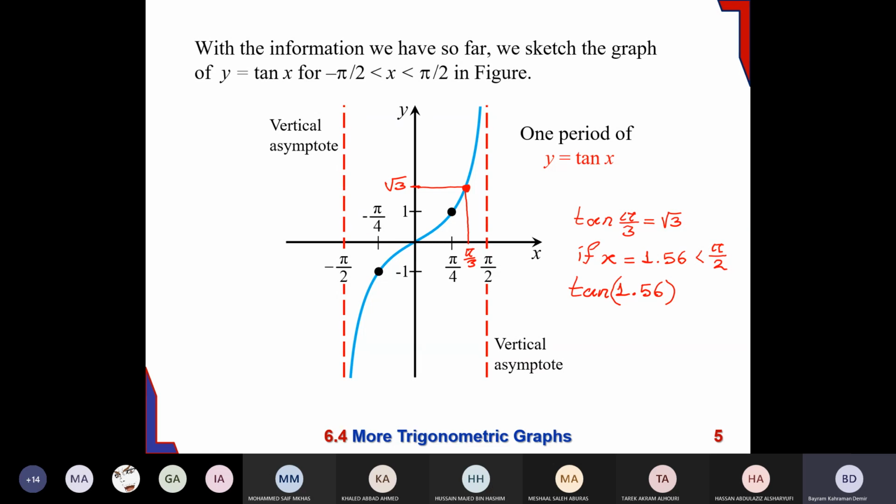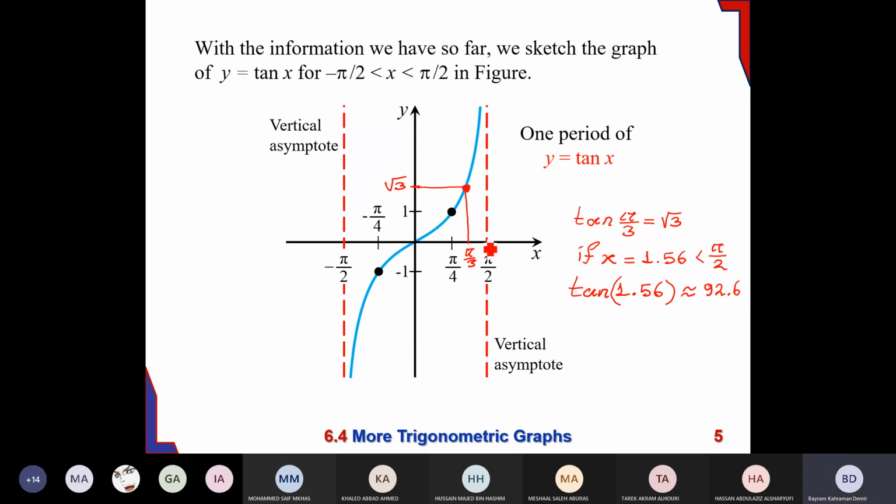I'm just using my calculator, of course. 1.56 radian, tangent. Almost 93, close to 92.6. You see that?